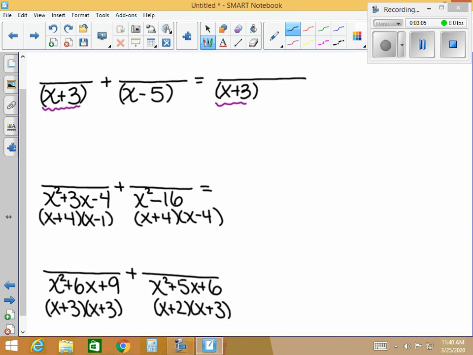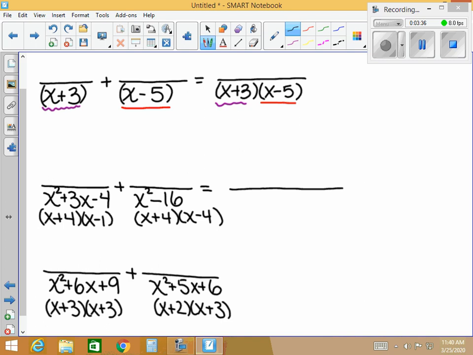It also has to have an x minus 5. And we've got everything covered, so that's our lowest common denominator. Again, please do not FOIL, do not expand, do not call this x squared minus 2x minus 15. We need it to be in factored form to proceed when we go to finish the problems later on.